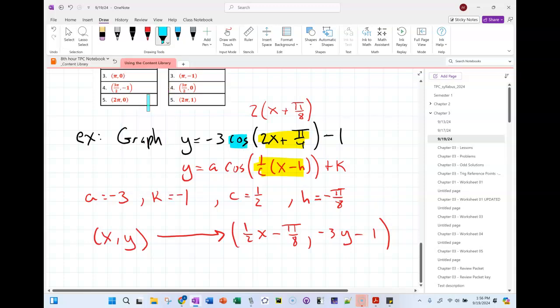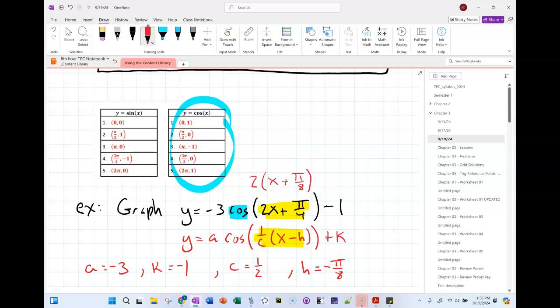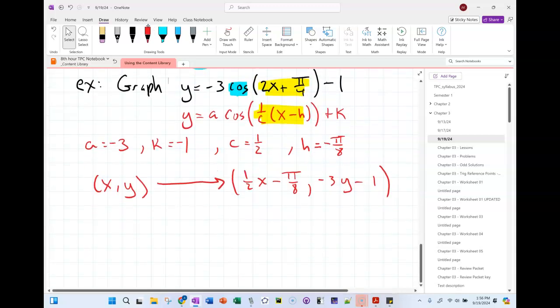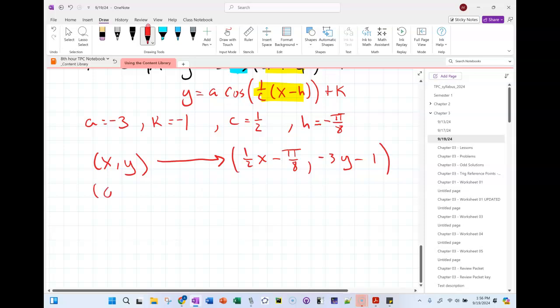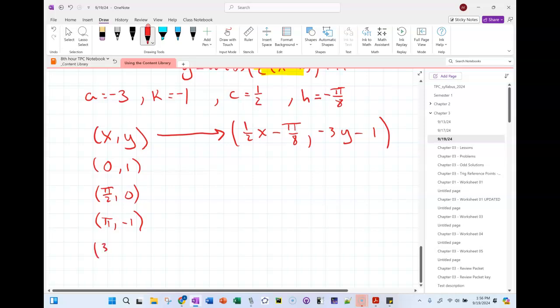And since this is cosine, right, that's the problem, it is a cosine problem. We're going to be using those 5 points. Do you need to memorize those? No. Do you need to put them on your half sheet? No. Mr. Kulik, are you going to give those to me then? Yes.